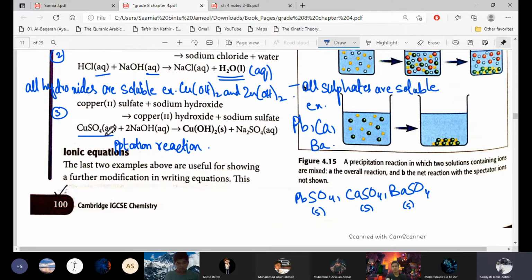So calcium sulfate is insoluble, sodium hydroxide is aqueous. Copper hydroxide, which we discussed, is in the solid form. All hydroxides are soluble.